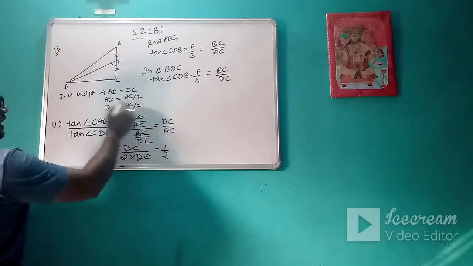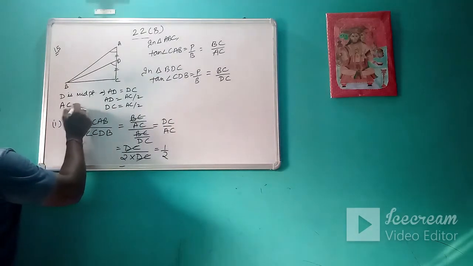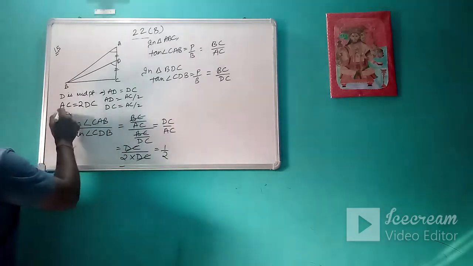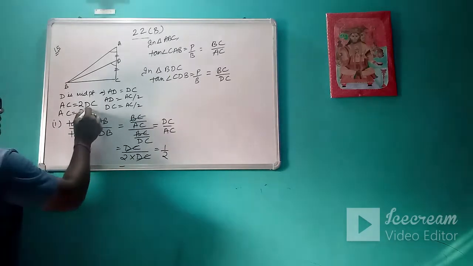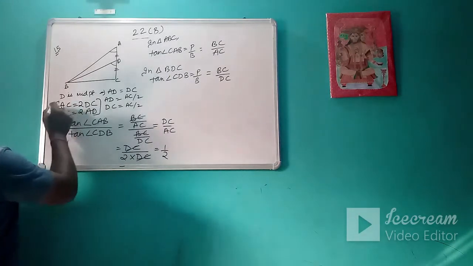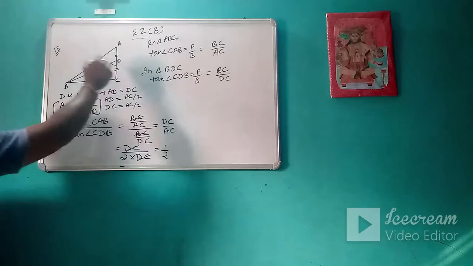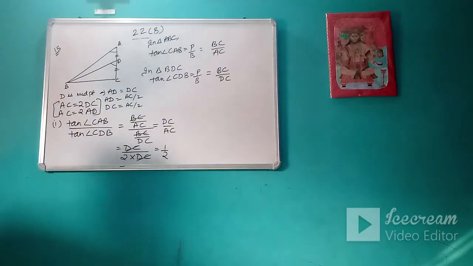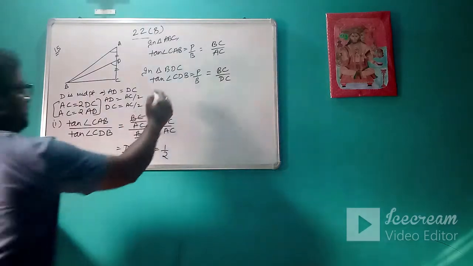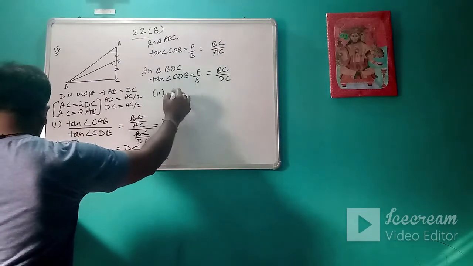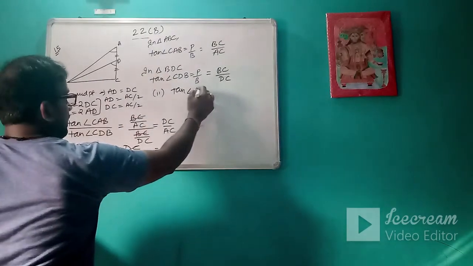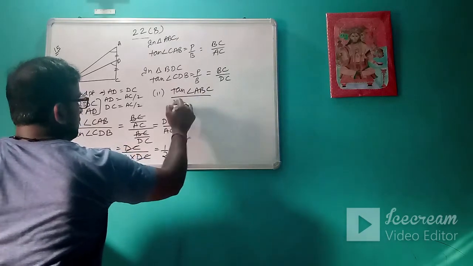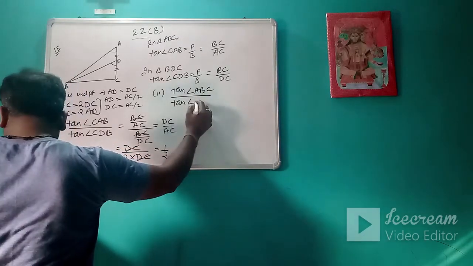Okay, so we can write AC equal to twice DC and AC equal to twice AD also. These two relations hold since it is a midpoint, so these two will be the double of DC.